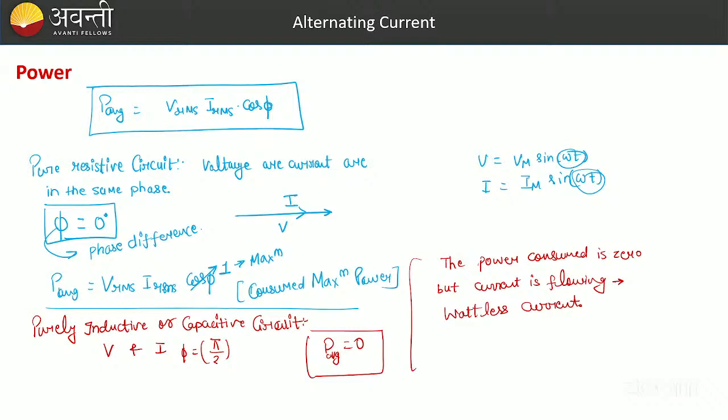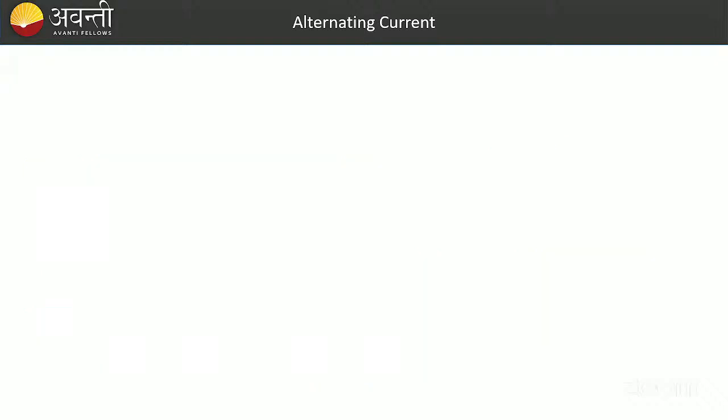Okay, up to here everything was clear. Now we talk about the choke coil. What is a choke coil? A choke coil is nothing but an inductor of small resistance.